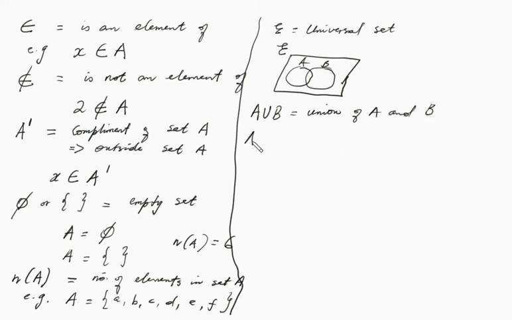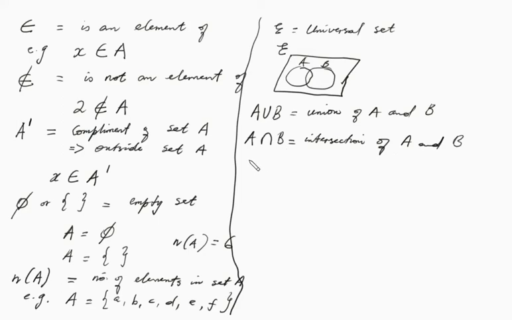We have this symbol, which is the intersection of set A and set B. What does this mean? Intersection means the common elements, elements that appear in both set A and set B.